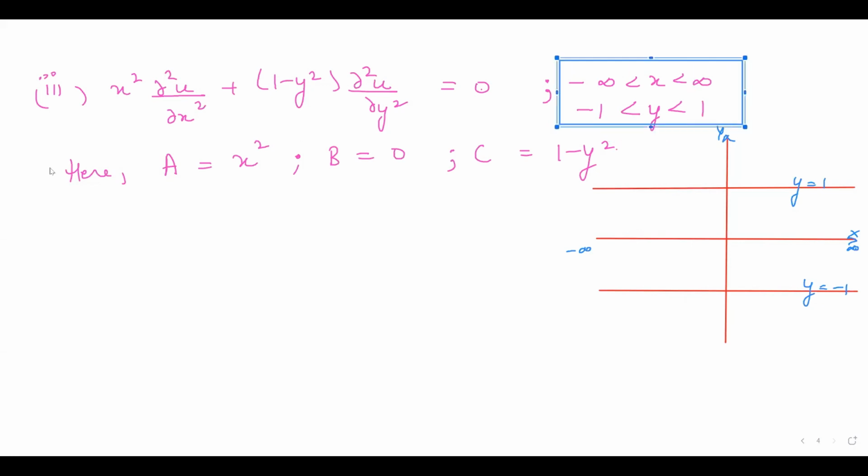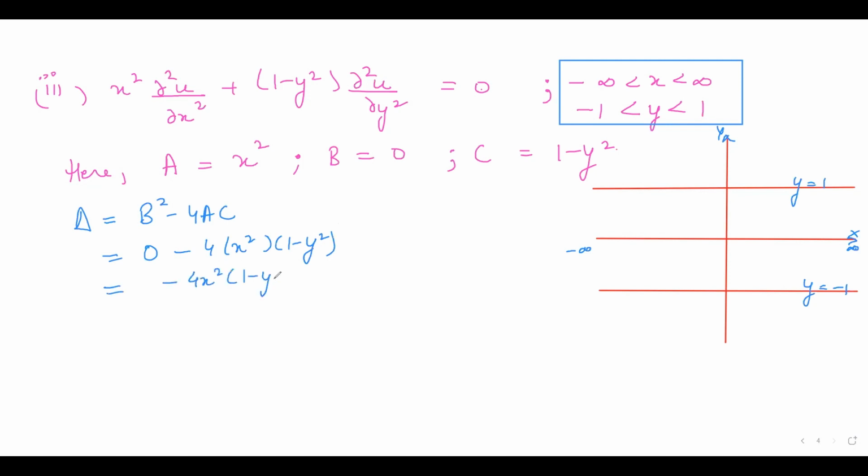Now, my discriminant, that is b square minus 4ac, as b is equal to 0, I am getting here minus 4x square, 1 minus y square.